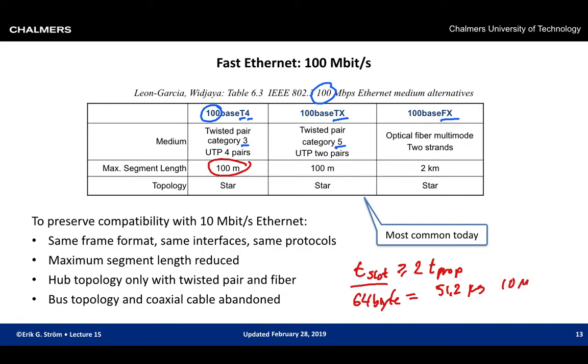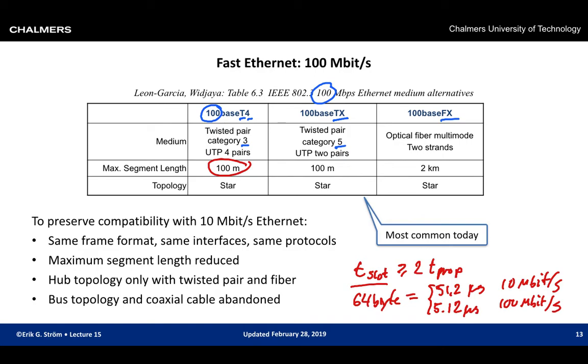For 100 megabit per second, how much is 64 bytes then? Divide by 10, right? Okay, so it's 5.12 microseconds.